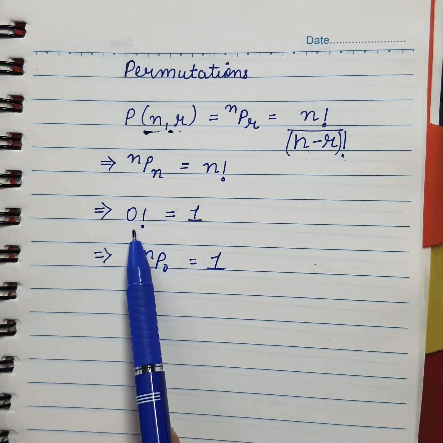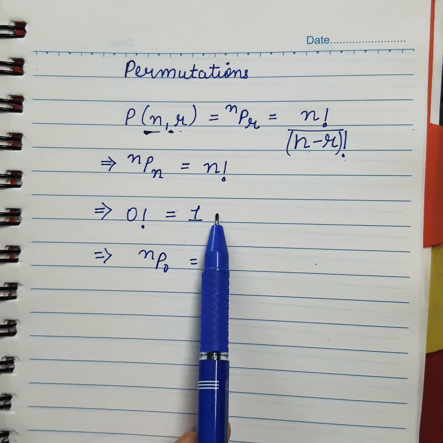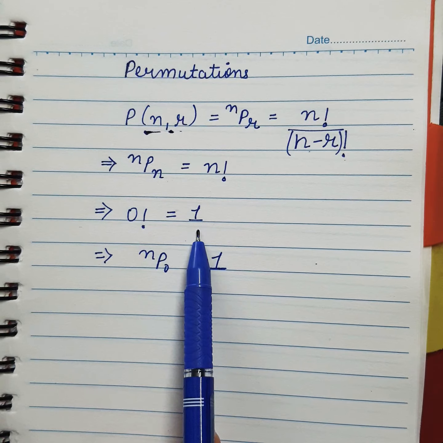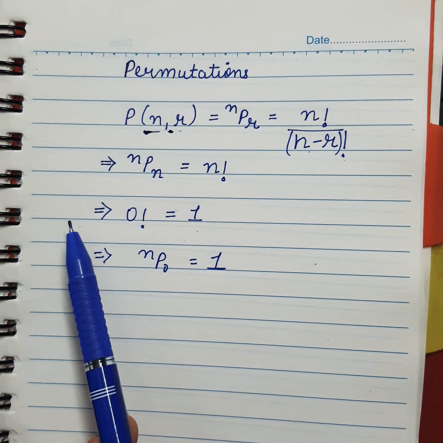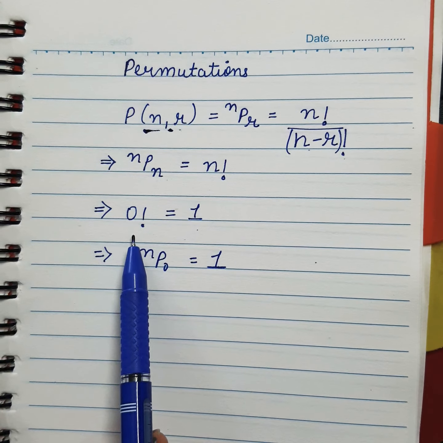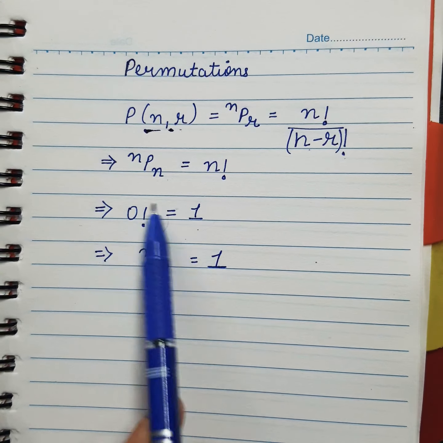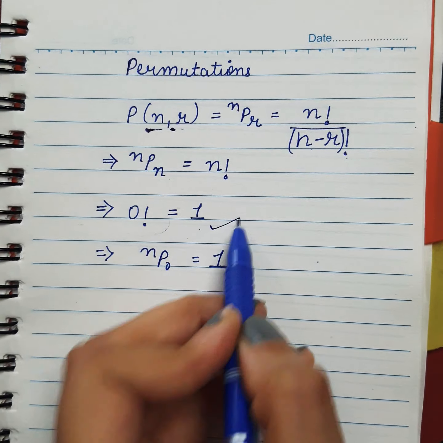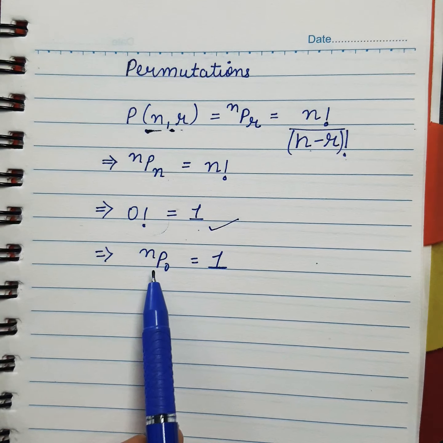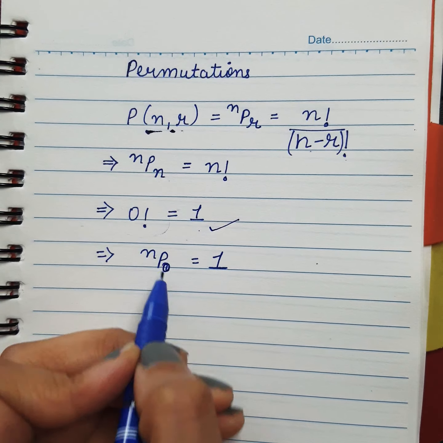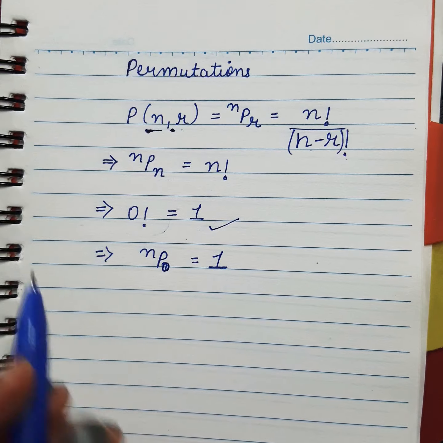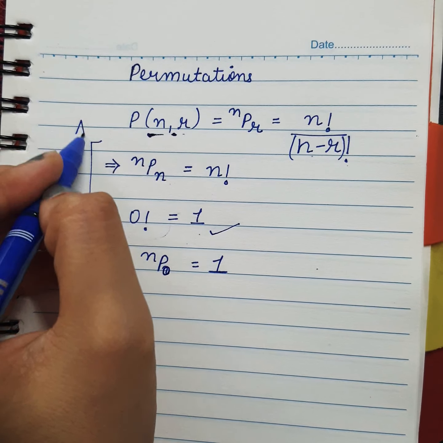We do not consider it 0, we consider it 1. In fact, 0 factorial is meaningless, but in order to avoid contradiction in the results, we assume that 0 factorial is 1. So this is our assumption. Now nP0 is also 1.